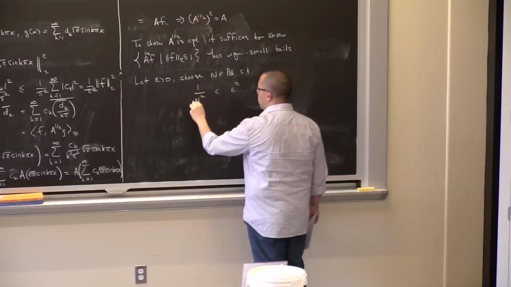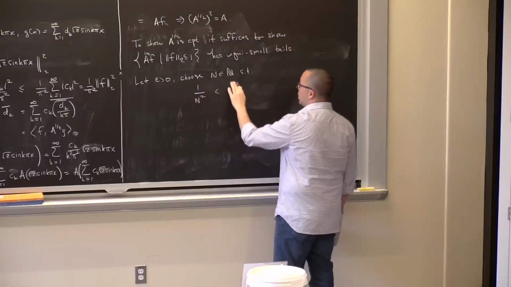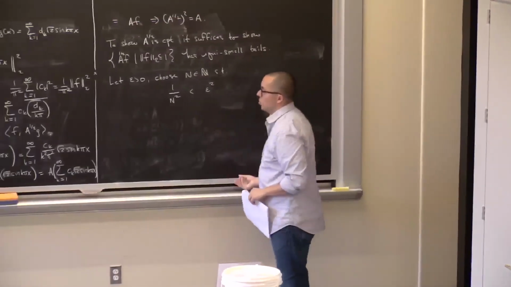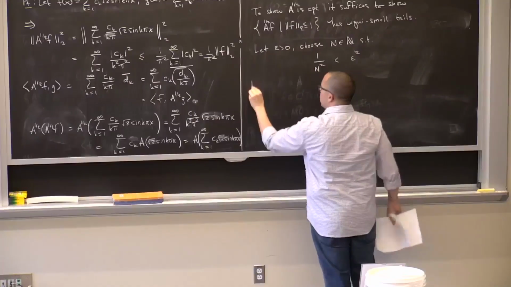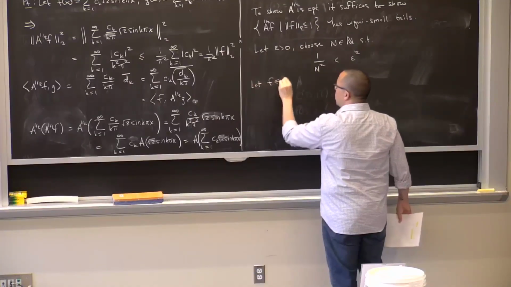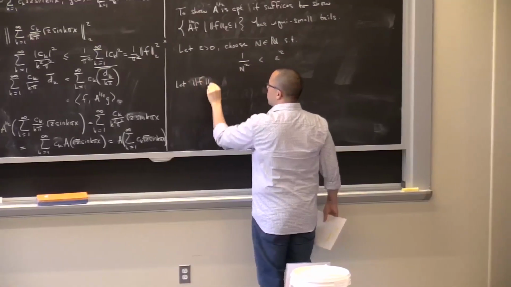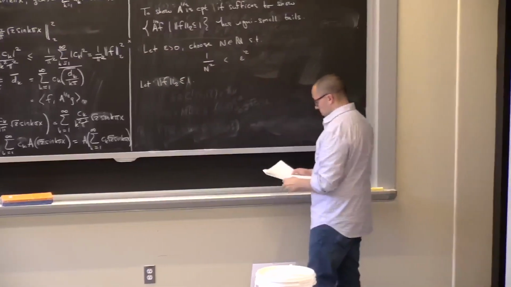We can do that because 1 over capital N squared goes to 0 as capital N goes to infinity. So I can always find such an n. Okay? And now I claim that this n is the one that works for showing this set has equi-small tails. Let f be in L2 with norm less than or equal to 1.